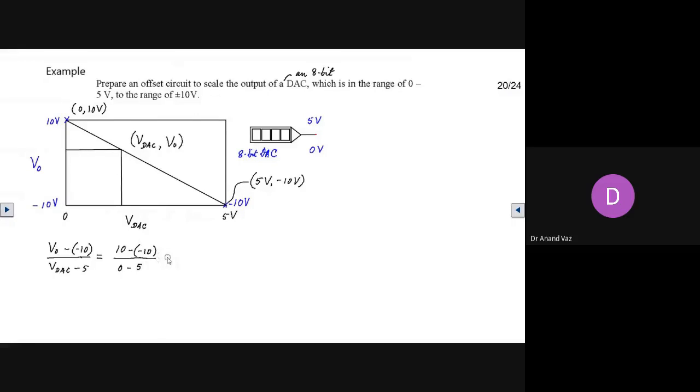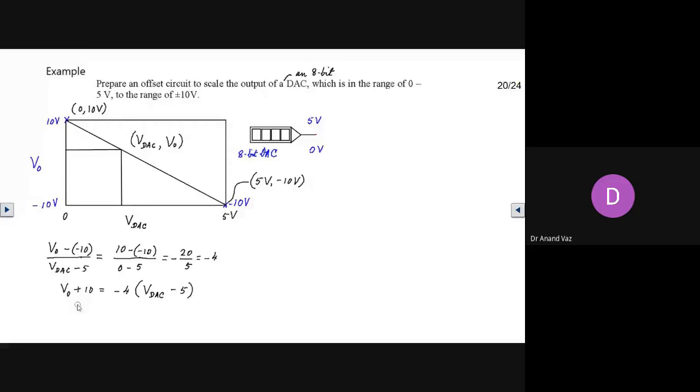So this works out to 20 divided by minus 5. So we have minus 4. And this will be therefore V naught plus 10 will be equal to minus 4 into V DAC minus 5.